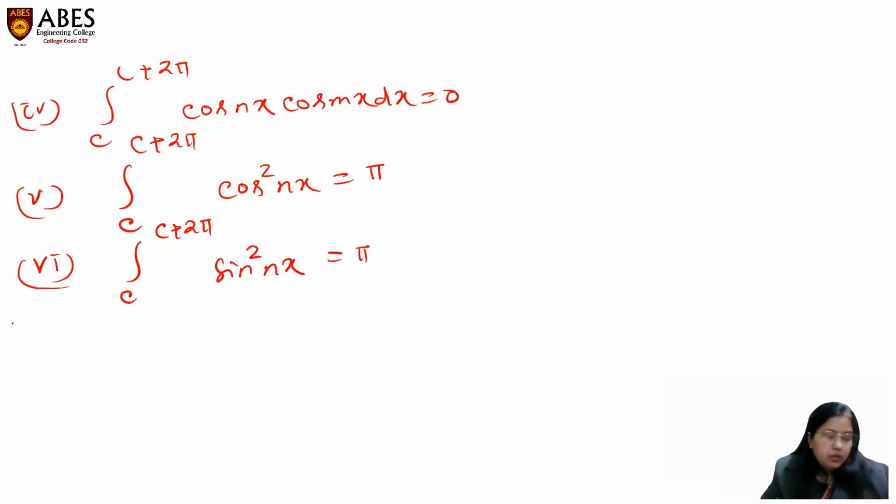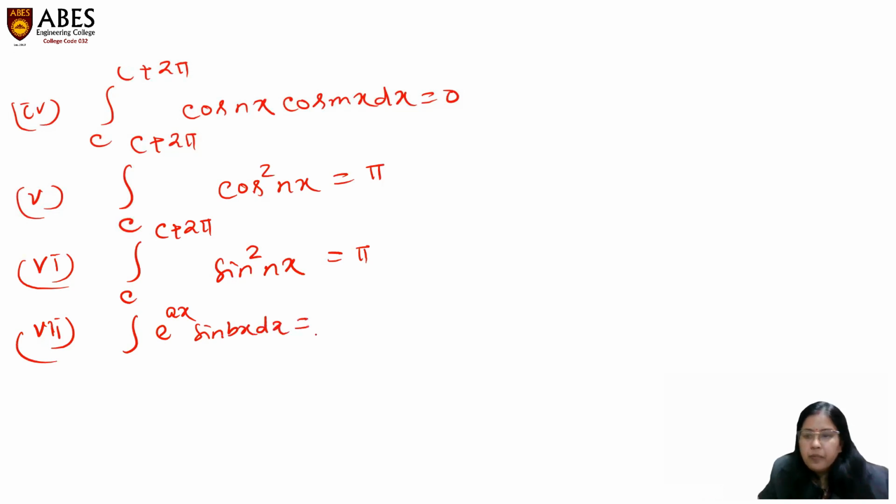Also, we can write the value of the integration, I'm using here the indefinite integral, e to the power ax sin bx dx. ये सारा फॉर्मूला हम यूज करेंगे for the Fourier series representation of function. We can write it as e to the power ax divided by a square plus b square.